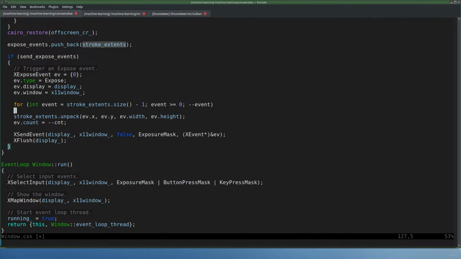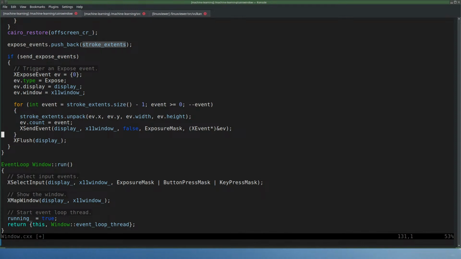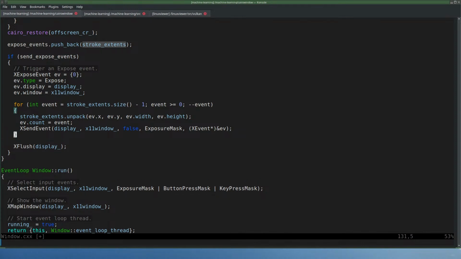And then this is going to be event, and I have to send it, of course, to the server. And then the stroke extends is now going to be my expose event.